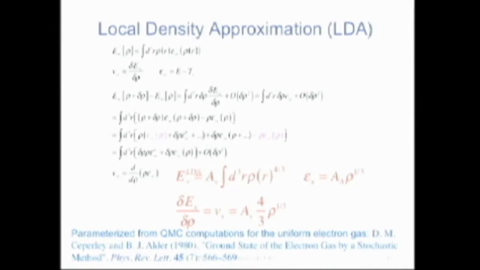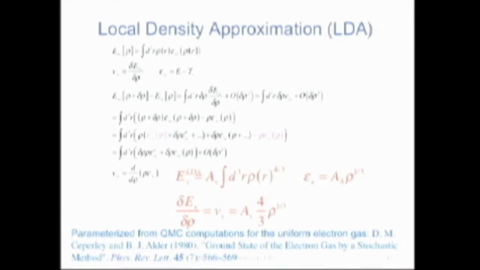So if we make that approximation and carry through the different definitions I showed before, the exchange correlation potential should be the functional derivative of the exchange correlation energy with respect to density. And so if you carry this through, you find out that it's just the simple derivative with respect to density of rho times this exchange correlation kernel. So that's the LDA. That's the local density approximation. You'll find thousands and thousands of papers being published every year using the local density approximation.